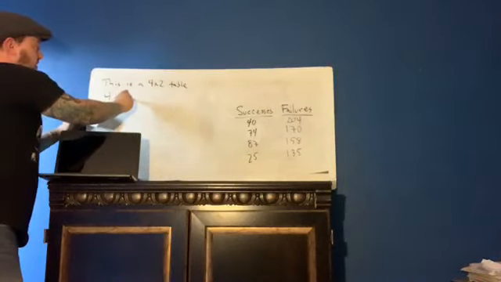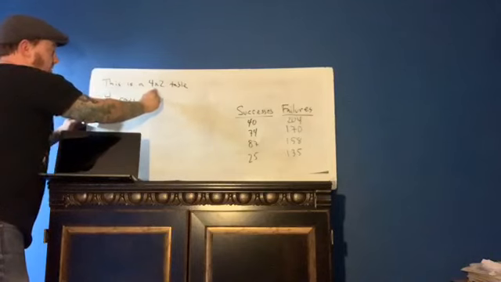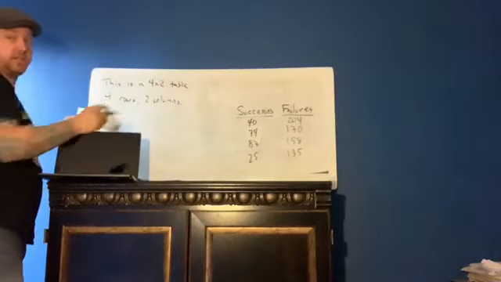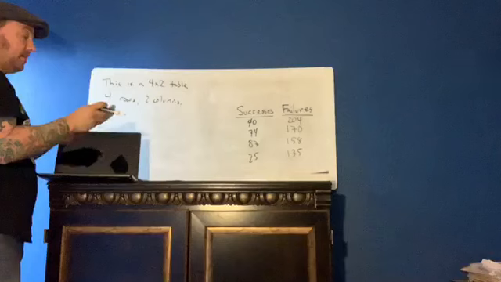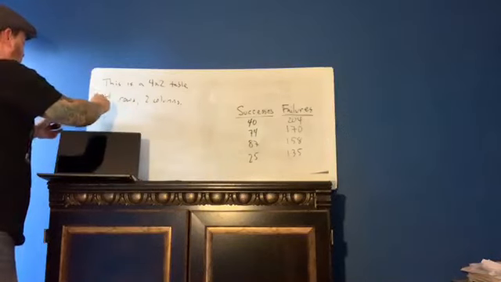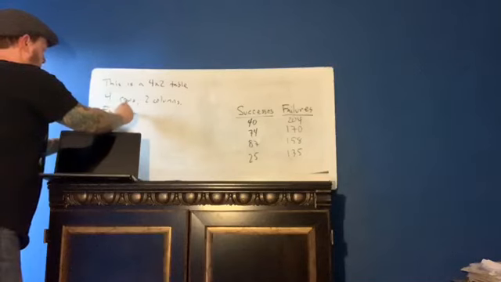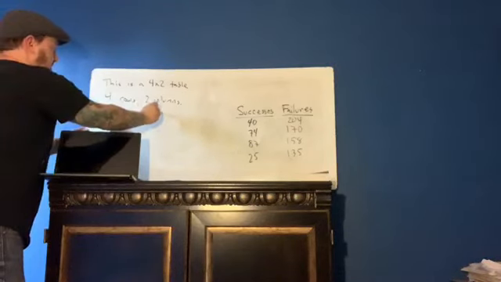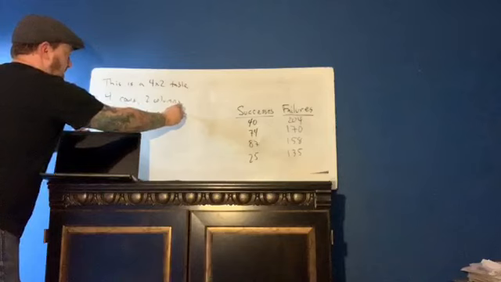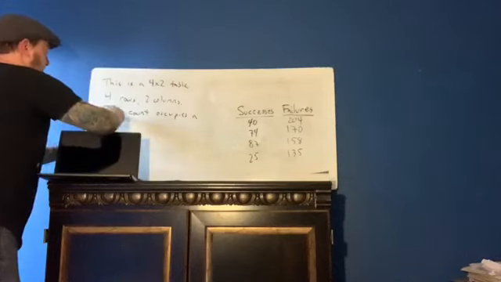Good. So 4 rows, 2 columns. Each count occupies a cell of the table.